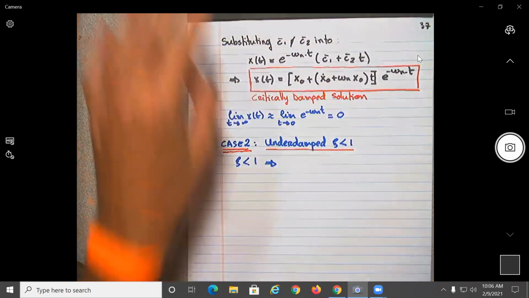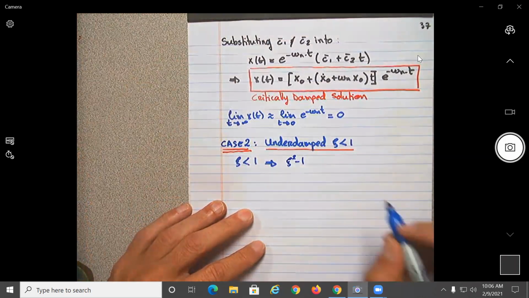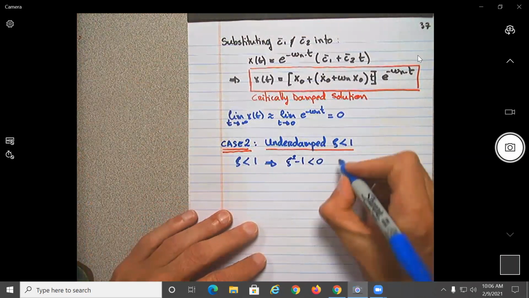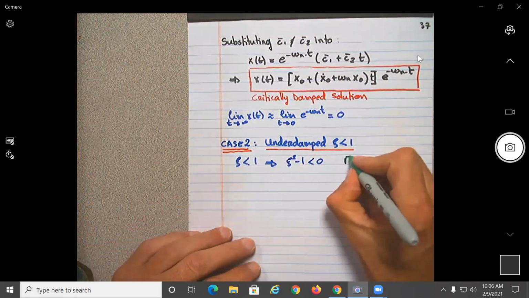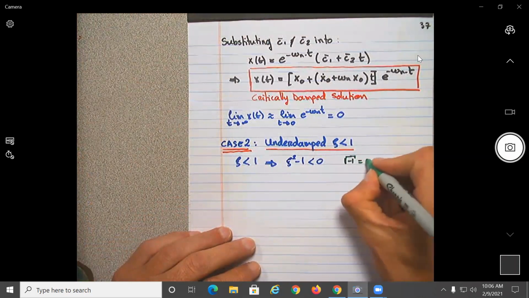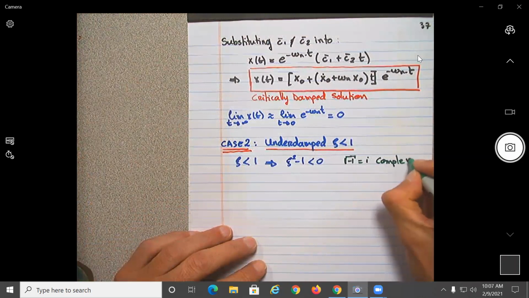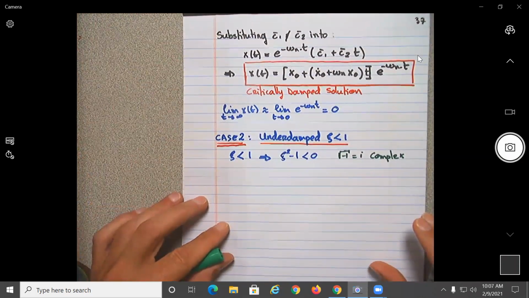So in that case, this ratio here will be negative. So basically, we'll have complex numbers, and we know that the square root of minus 1 should be equal to i, okay? By definition of the complex numbers.